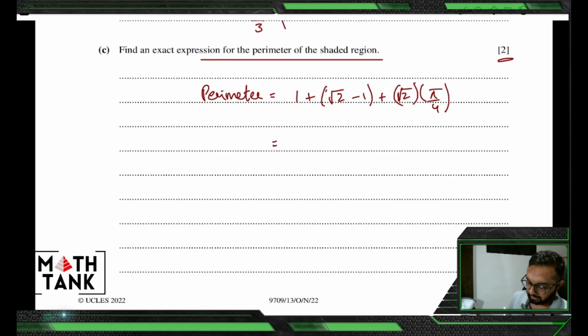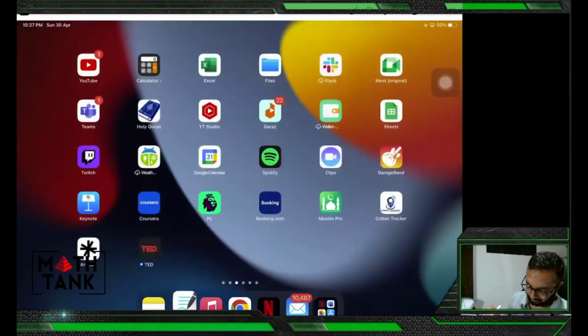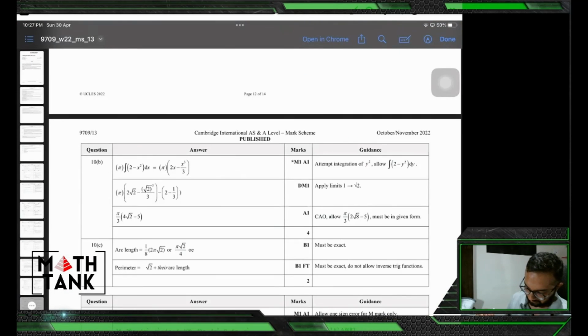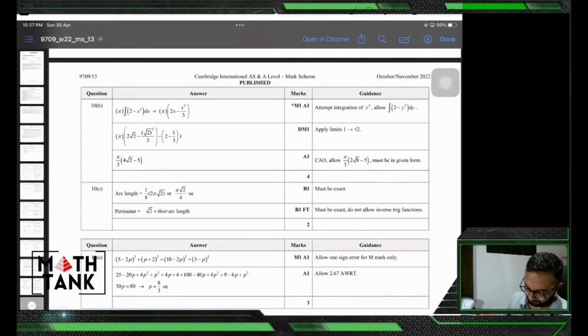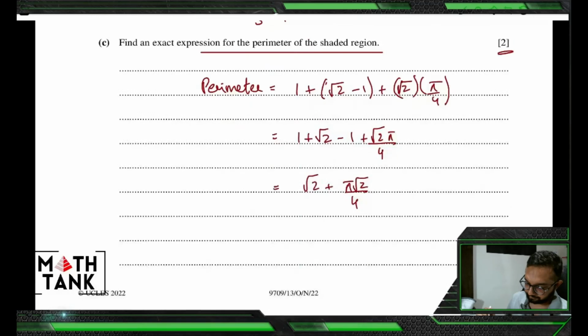So that gives me 1 plus root 2 minus 1 plus root 2 pi over 4. That gives me root 2 plus pi root 2 over 4. Let's check if that's the correct answer as well. Yep, that's the correct answer.